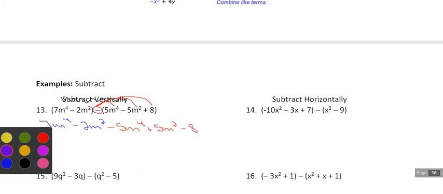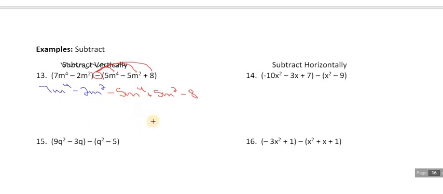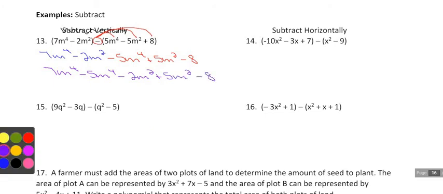Now let's rearrange highest power down to lowest because now we just have combined like terms. So we'll put the 7m to the 4th minus 5m to the 4th first, then minus 2m squared plus 5m squared minus 8.